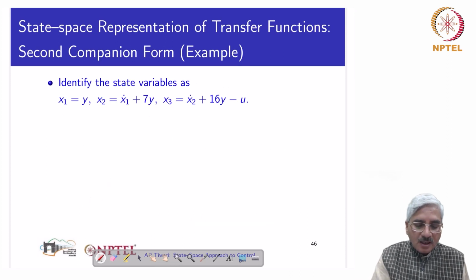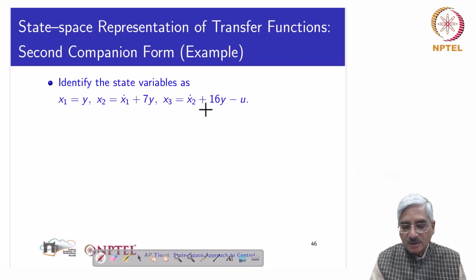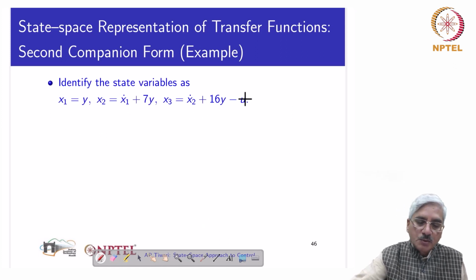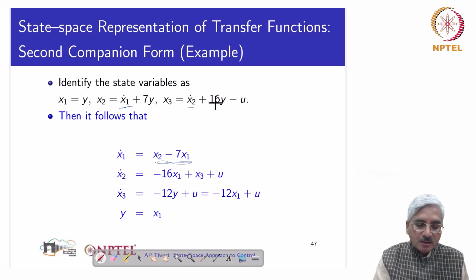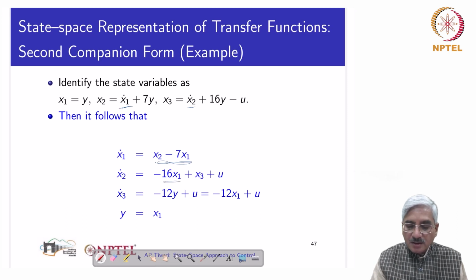So we get x1 equal to y, x2 equal to x1 dot plus 7y, x3 equal to x2 dot plus 16y minus u, and from that it follows that x1 dot is x2 minus 7y, and we substitute x1 in place of y, so x2 minus 7x1. x2 dot is x3 minus 16y plus u, and we substitute y equal to x1, so minus 16x1 plus x3 plus u.